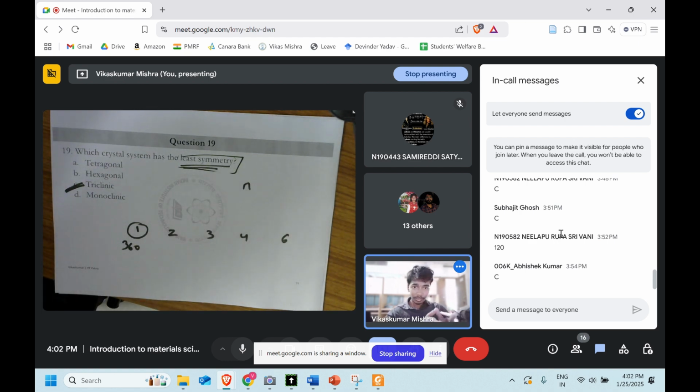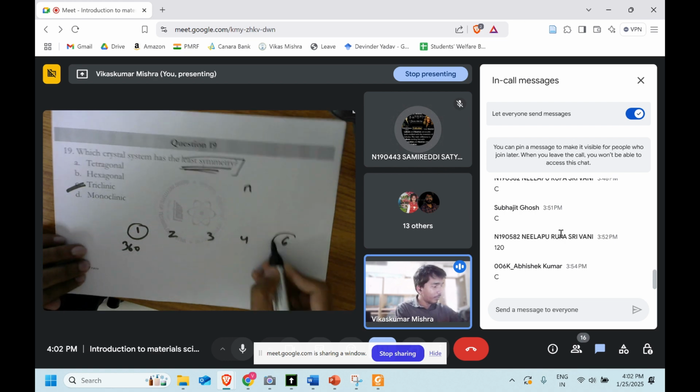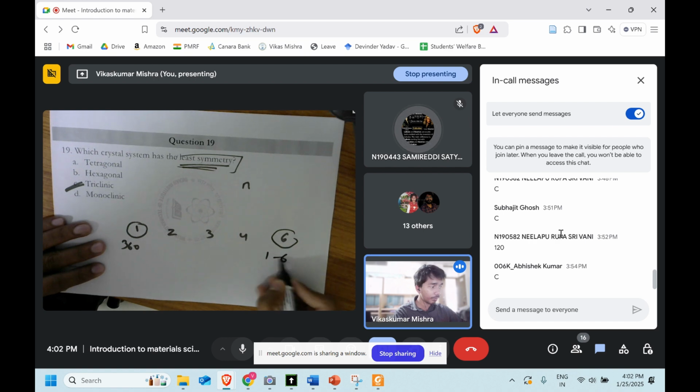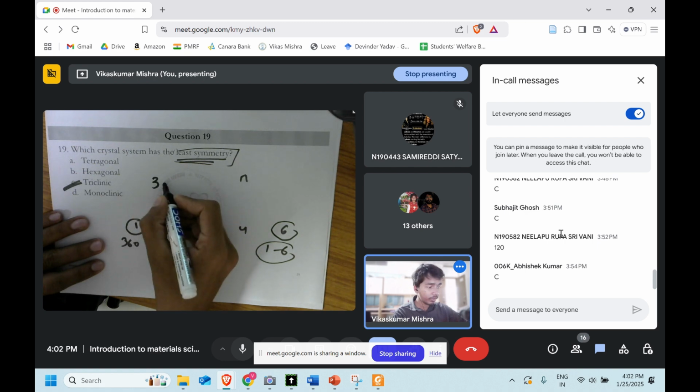Now if I reverse the question, you can consider the seven crystal systems. Among them, which crystal system is the most symmetric? Hexagonal. Sorry, there were two answers. See, hexagonal has only one sixfold, while the cube has four threefold.